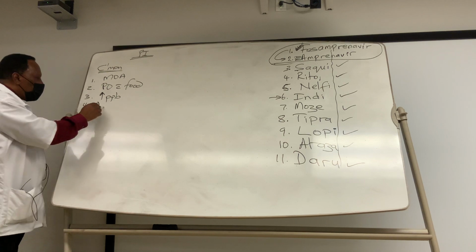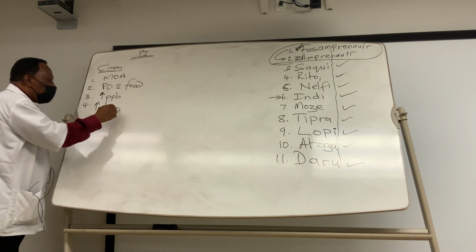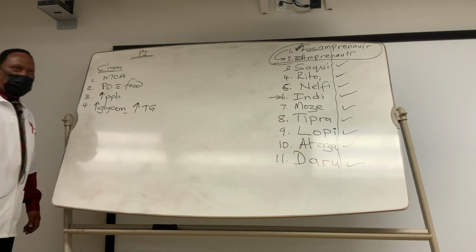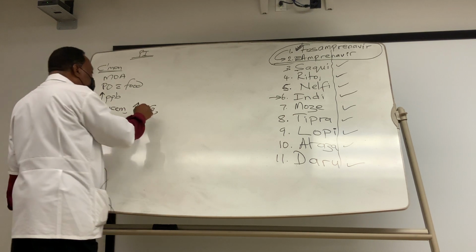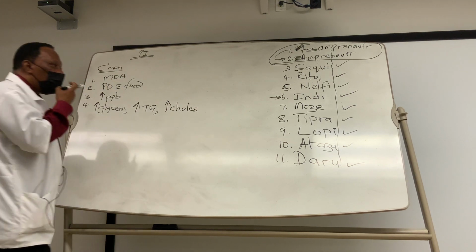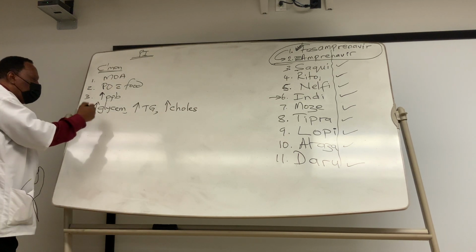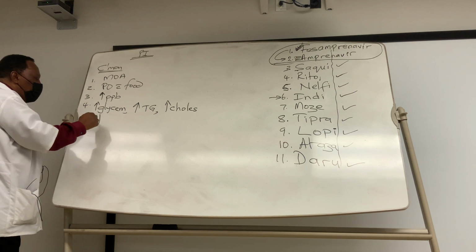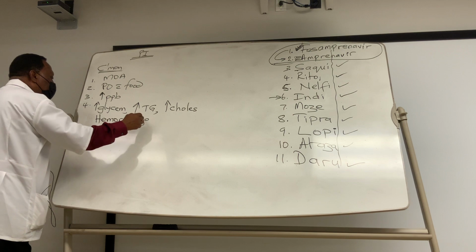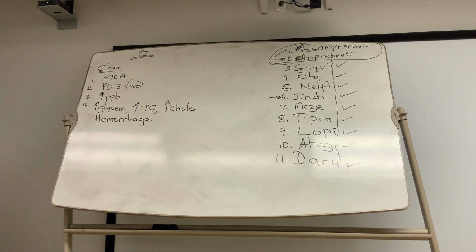For the most part, they can give you hyperglycemia, they can elevate your triglycerides, they can elevate your total cholesterol, and they can give you hemorrhage, especially if the patient already has a problem with hemorrhage.